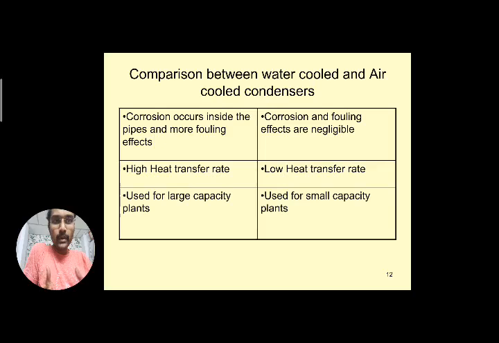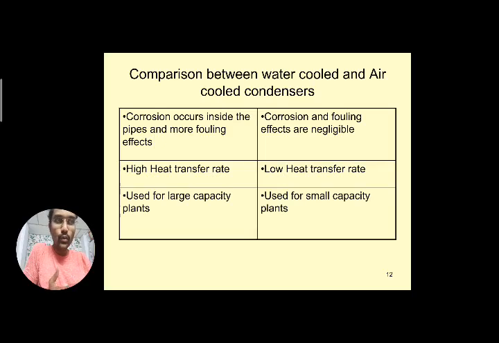And coming to the function, a high heat transfer rate can be seen in the water cooled condenser, whereas a low heat transfer rate can be seen in the air cooled condenser. So obviously the water cooled condenser is used for large capacity plants, and the air cooled condenser is used for small capacity plants.